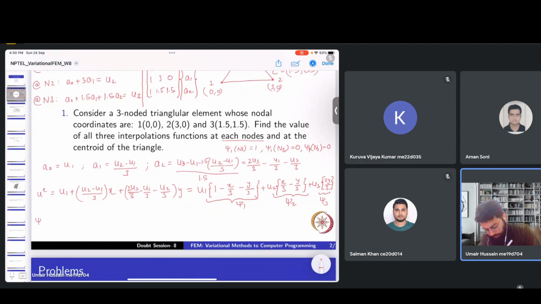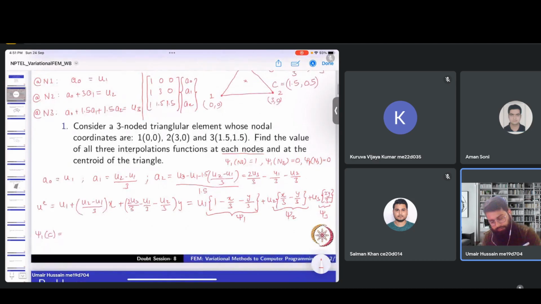We'll calculate psi 1 at C again. We have 1.5, 0.5. 1 minus 0.5 by 3 minus 0.5 by 3.